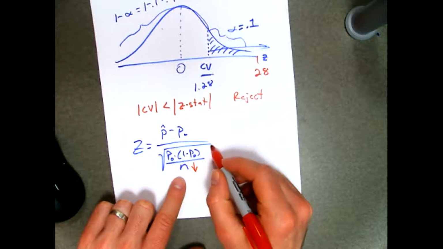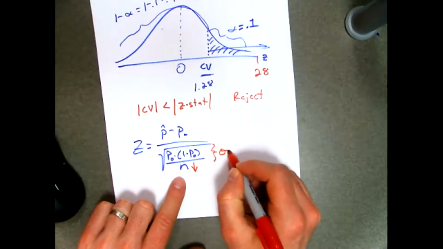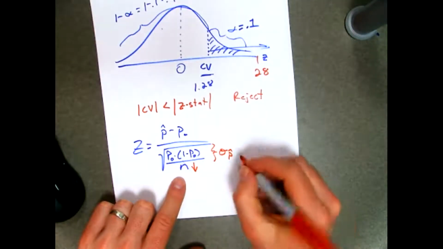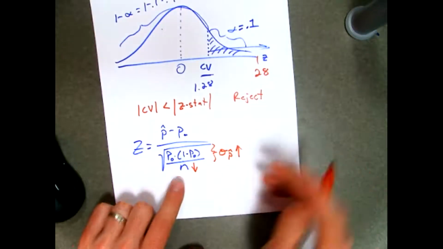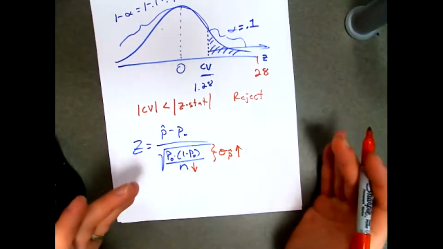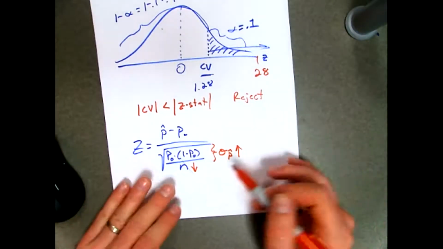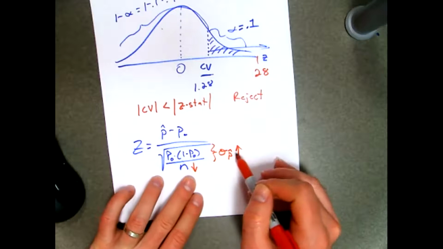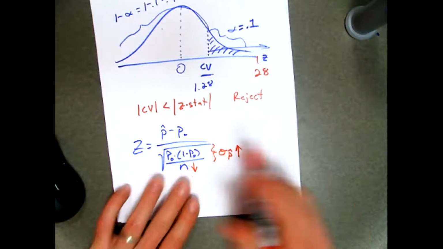Well, if I have a smaller sample size, this denominator here, the standard deviation of my sample proportion, goes up, right? I get more variation in that sample proportion. If I take samples of size 1, I could see things all over the board, and so it could be a very skewed sample from what the population proportion is. So if I've got a smaller sample, that standard deviation of my sample proportion goes up.